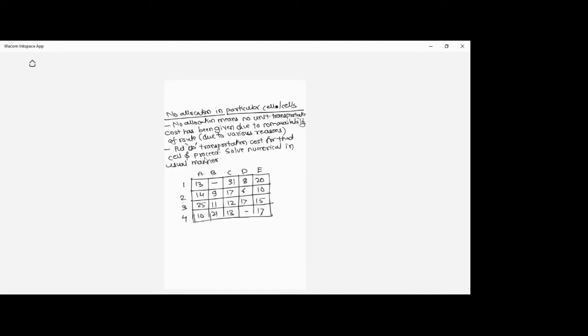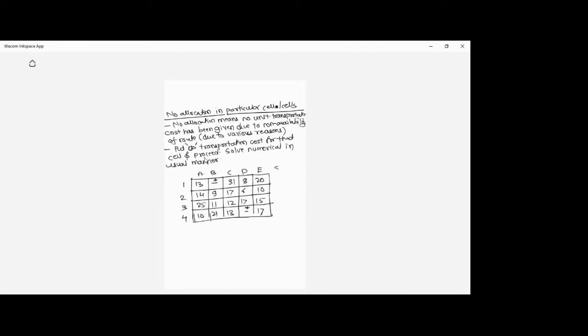You can see this particular cell and this particular cell: they have not given us the unit transportation cost. So that means I can't transport goods from factory 1 to warehouse B, and I can't transport goods from factory 4 to warehouse D.